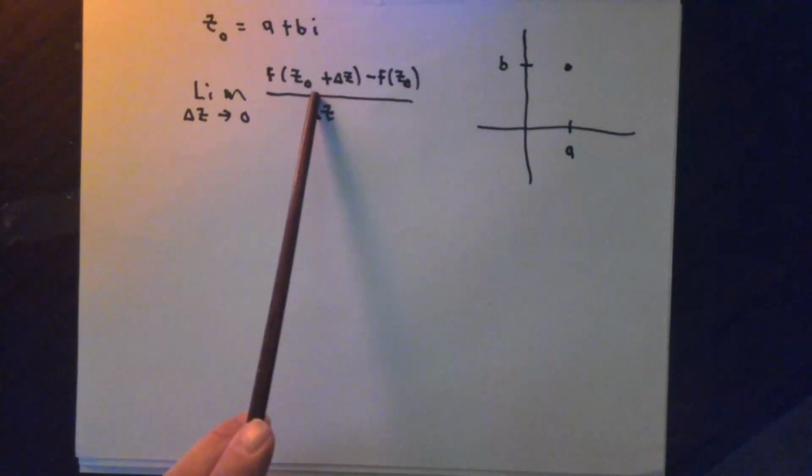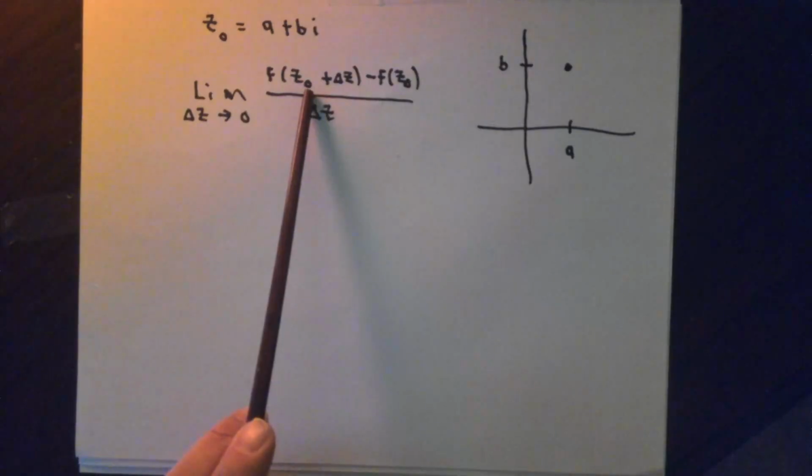Now, z0 and delta z are complex numbers now, but we've established how to add things like that, so that's fine. F of z0 plus delta z is a complex number.